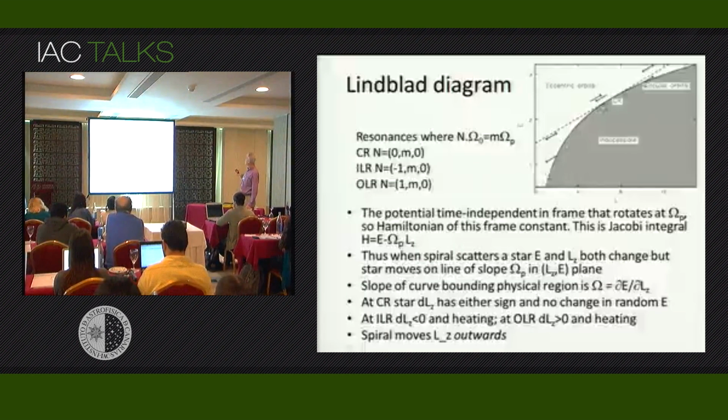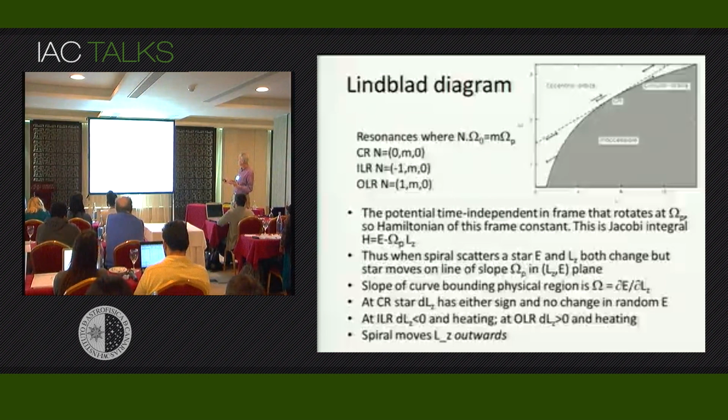So let's look at this diagram here. This is a plot. This is a Lindblad diagram. So along here is angular momentum around the symmetry axis. Up here is energy. This region here is inaccessible. There are no orbits in this region because this is the curve. This curve along here tells you what the energy is of a star on a circular orbit with a given angular momentum. More angular momentum, more energy.